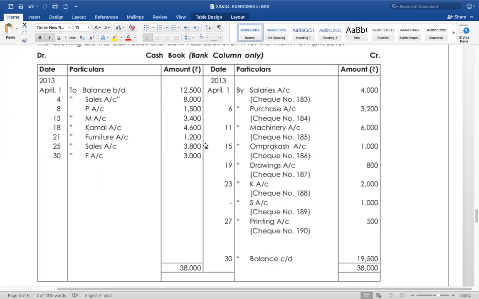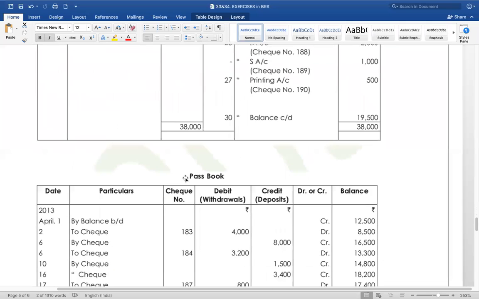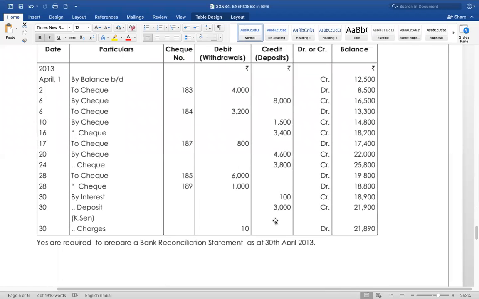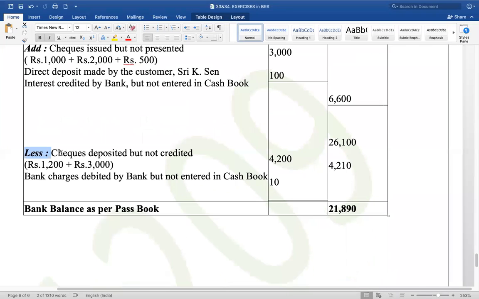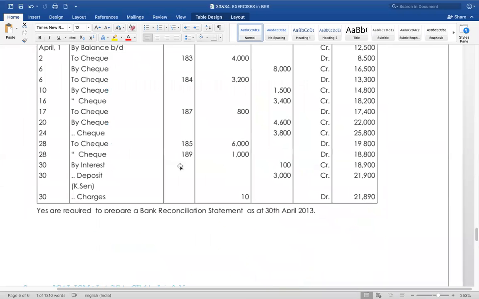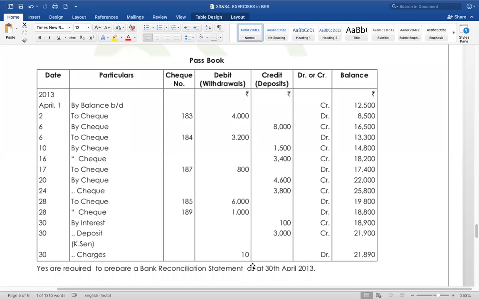Okay. There's one more. Checks deposited, 3,000, but that is also not there here. So what do? We have to deduct. Checks deposited but not credited, 1,200 and 3,000. That total is 4,200. And the bank has some charges, 10 rupees.